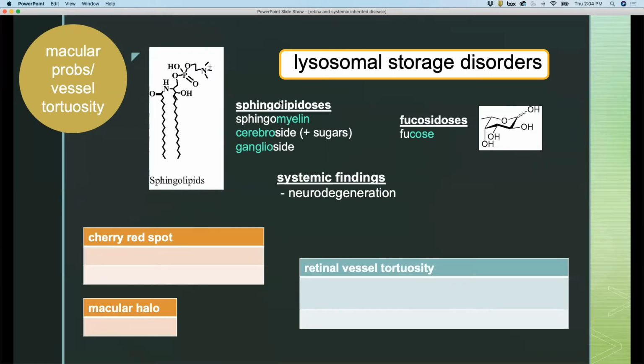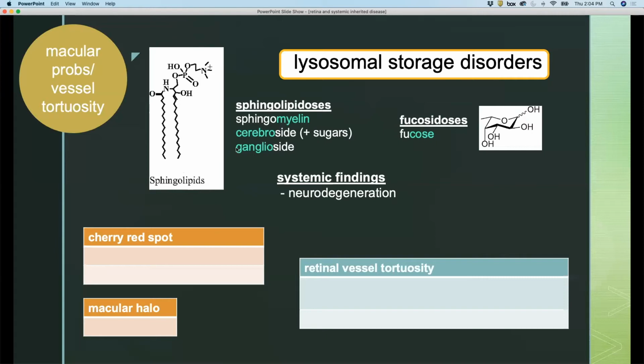So talking about these sphingolipidoses and fucosidosis. So the sphingolipids, they are important in myelin, and they have sugar residues that can be attached to these two fatty acid chains. So their involvement in myelin helps to explain why they're important for the brain functioning.